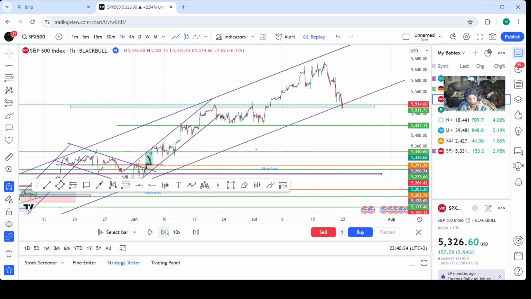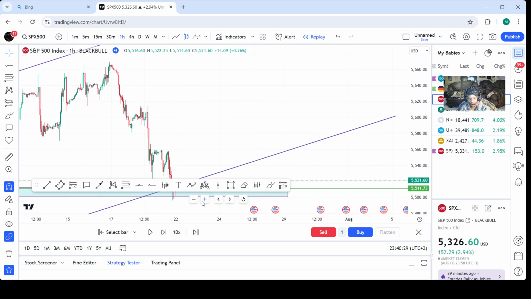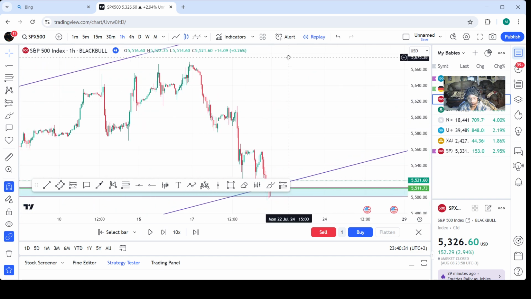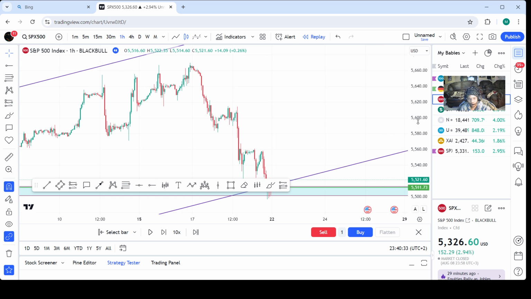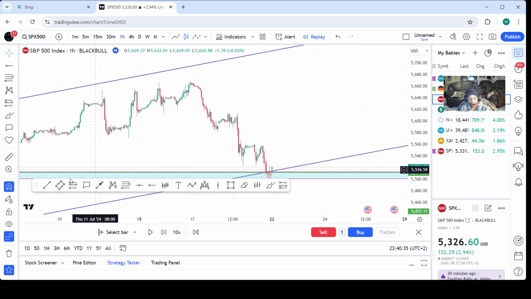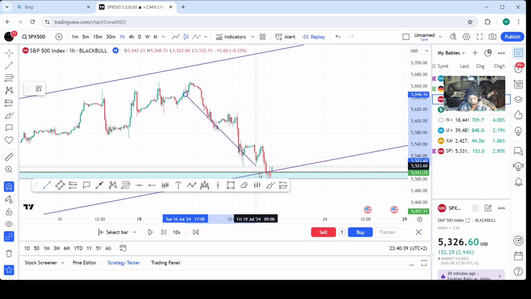So there we go. This was a beautiful setup. We have market also correcting on the 1 hour trend line right here.